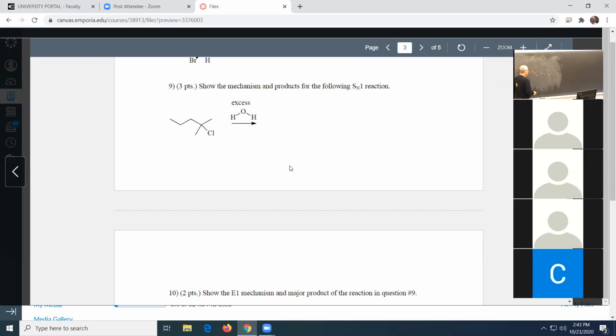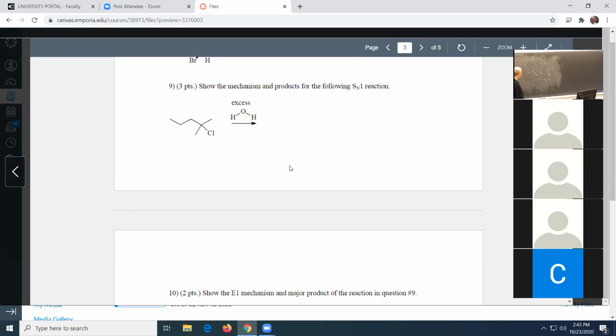Okay, removing one of these beta hydrogens would give you the most substituted product. Okay, so if we remove this hydrogen like that, all right, this would be the major product.